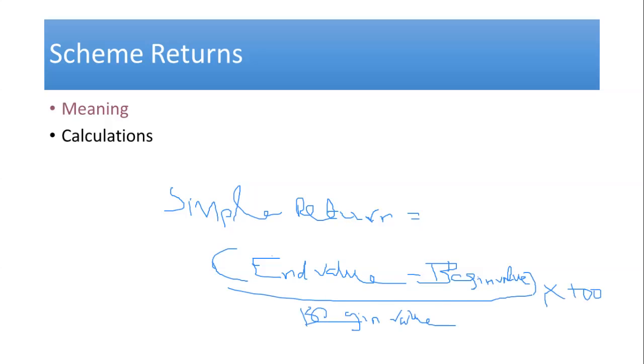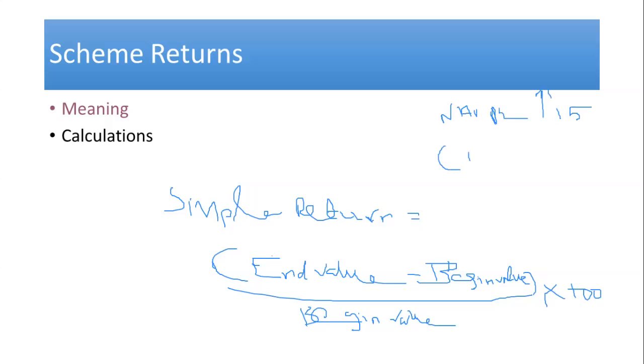A simple example: you are investing in a particular scheme. The NAV is 12 rupees. Later, you find that the NAV has improved to 15 rupees. Now you are going to calculate the scheme return.